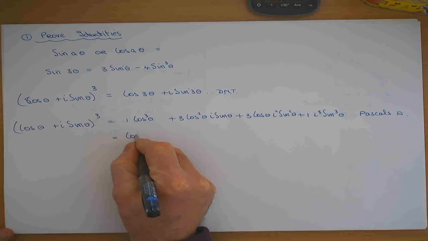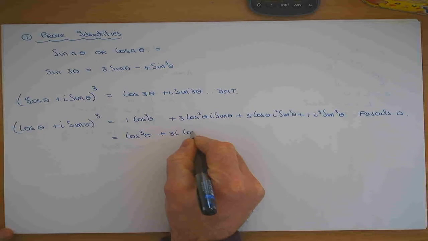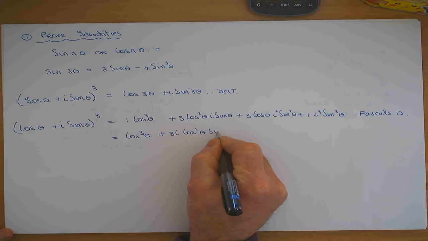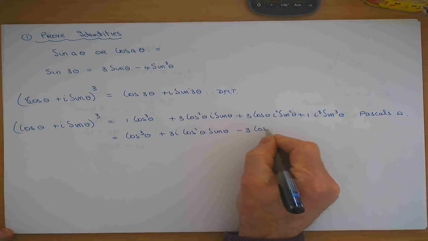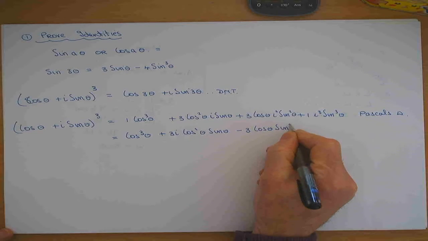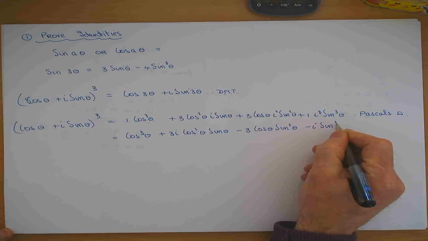That's equal to cos cubed theta plus 3 iota cos squared theta sine theta, iota squared minus 3 cosine theta sine squared theta, iota cubed minus iota sine cubed theta.